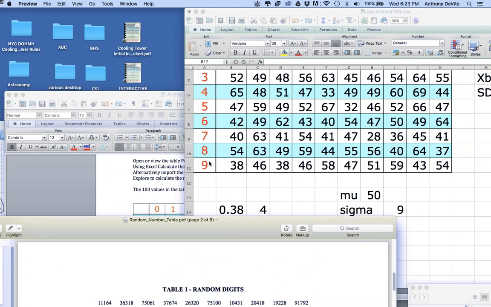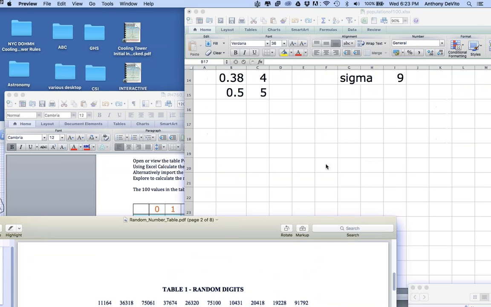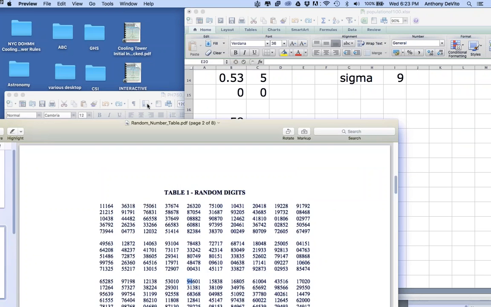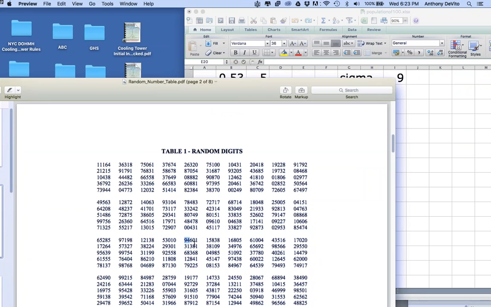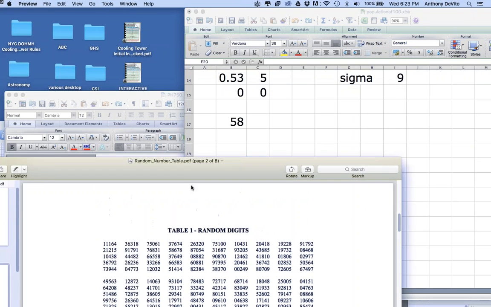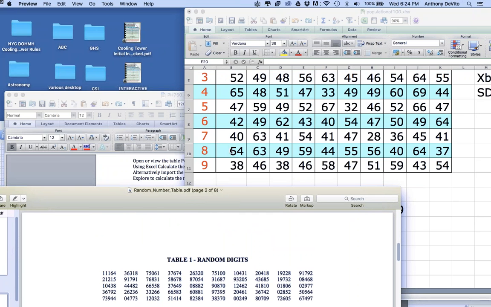And what is that person? Row 9, 0, 1, 2, 3, 4. It's 58. That person is 58. Then I'm going to continue across. The next one is 60. That's row 6, column 0, which would be row 6, 0, 1, 2, 3, 4, 5, 6.